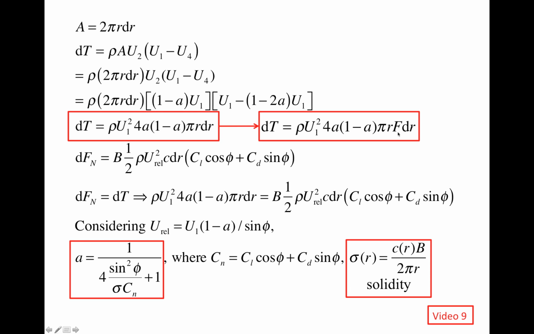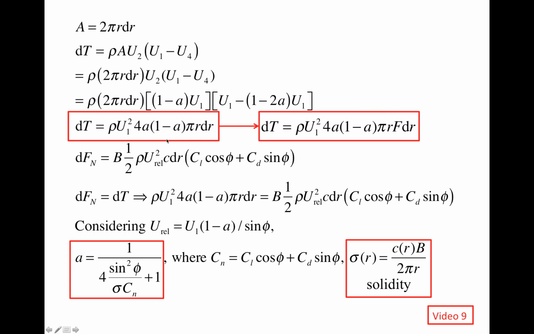So all we need to do is to multiply this particular factor F on the thrust force obtained from the actuator disk model. This equation was copied over from video 9. This is when we were deriving the thrust force on a ring based on the actuator disk model, based on the linear momentum conservation law.